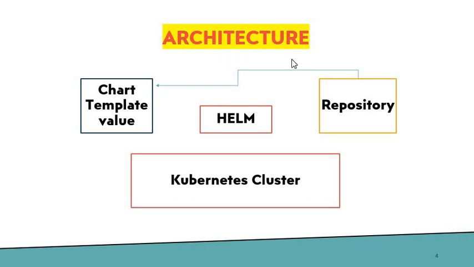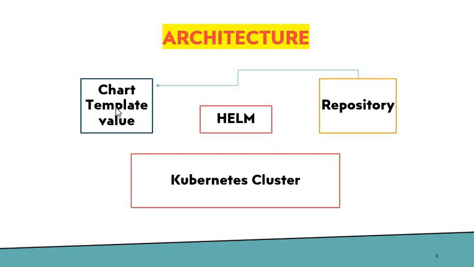Now you can see this is basically the high level architecture of Helm chart. So this is the Helm that you have to install on your workstation, you can use your laptop or any server in cloud, and you can add a repository in that Helm, and from the repository you can create charts.